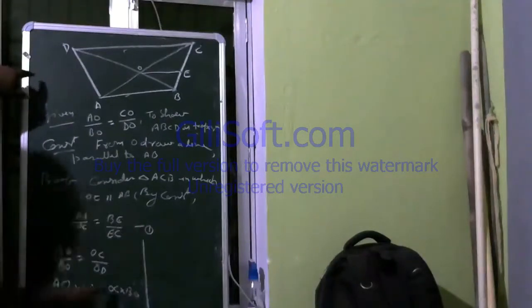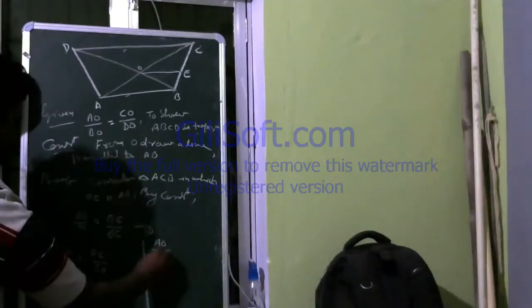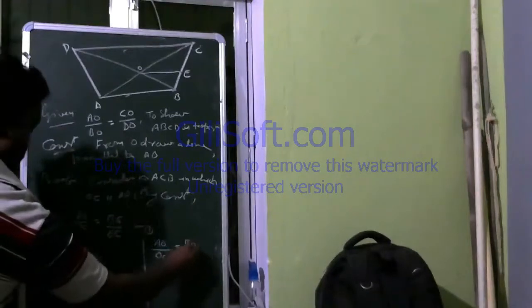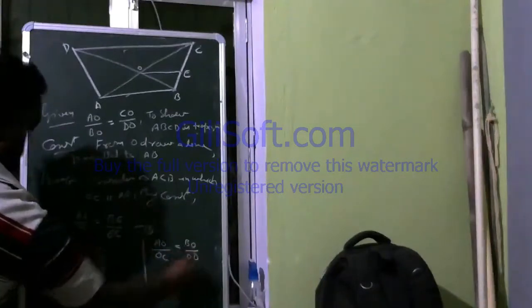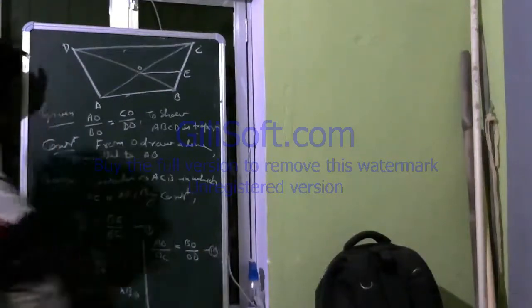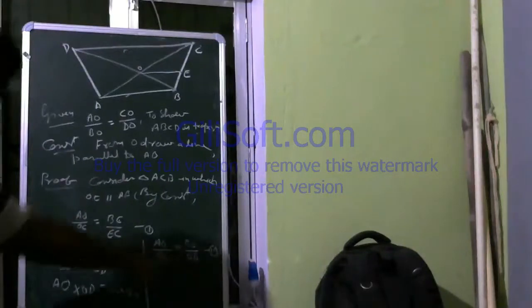And now we should write AO by OC is equal to BO by OD. This is equation number 2. Now make comparison between equation 1 and equation 2.